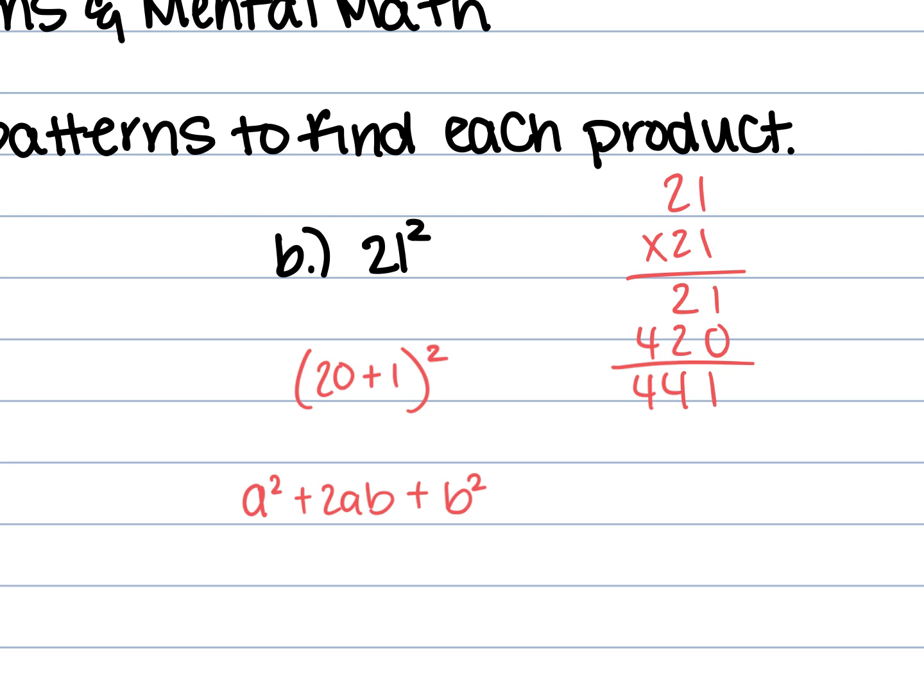What's my a value? What's 20 squared? 400. What's 2 times 20 times 1? 40. And what's 1 squared? What's 400 plus 40 plus 1?